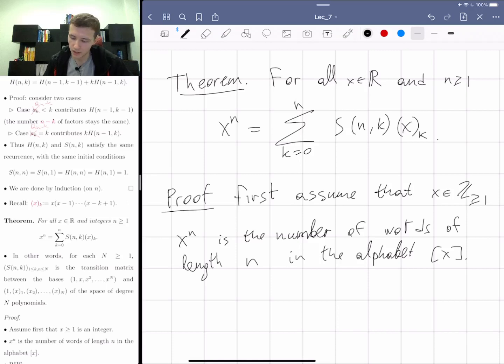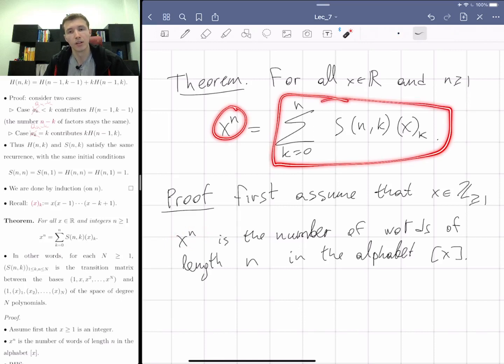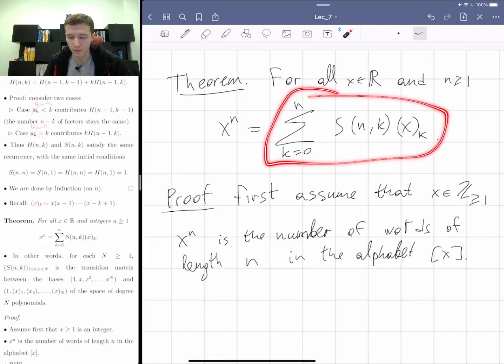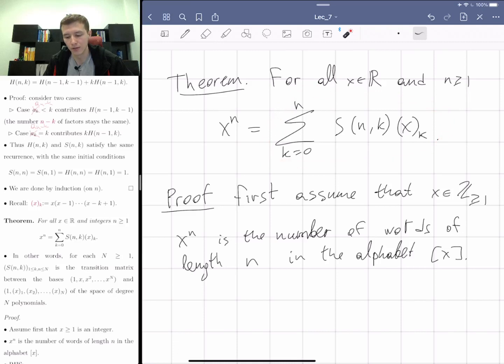So you just take letters between 1 and x, and find all possible words. That's the left-hand side, and the goal is to interpret the right-hand side to show that it counts the same objects.